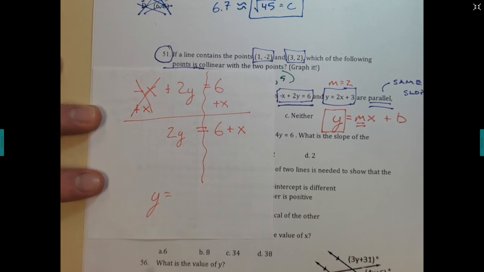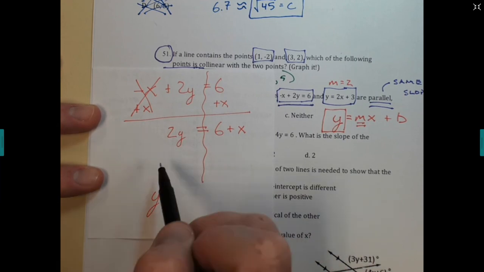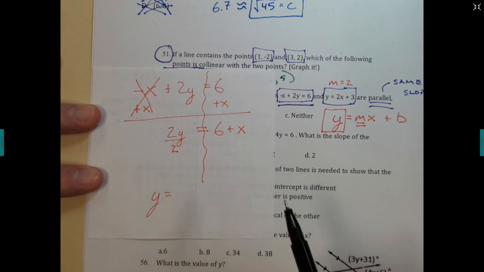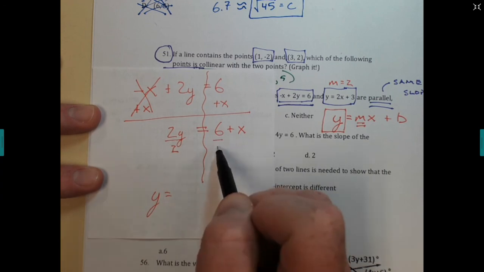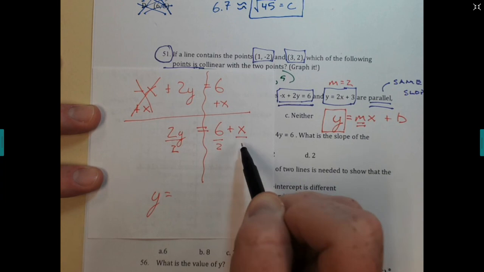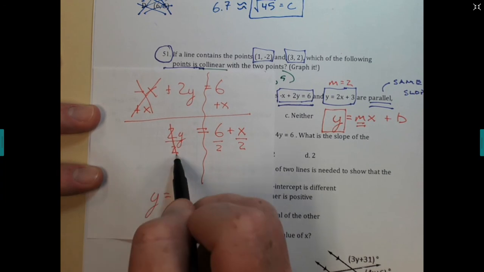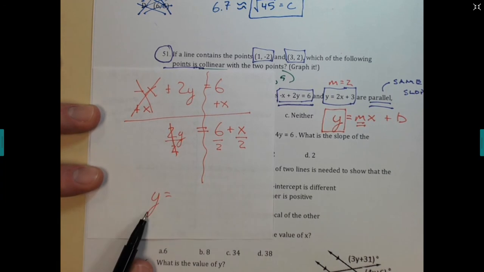Yeah, it's multiplication. So if I want to move the 2 to the other side of the equation, I'm going to use the opposite operation, which would be what? Division. Yeah, so if I divide by 2, I got to divide everything by 2. I got to divide the 6 by 2, and I got to divide this x by 2, which is not very easy, but you got rid of the 2, which we're down to just y.